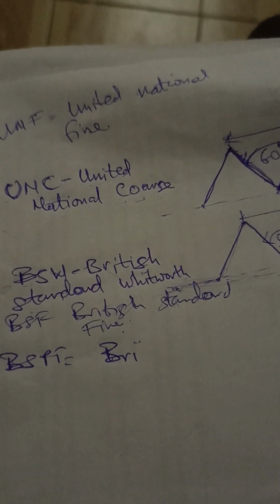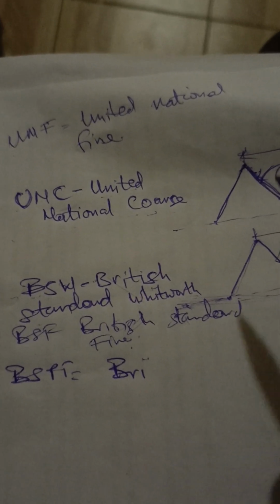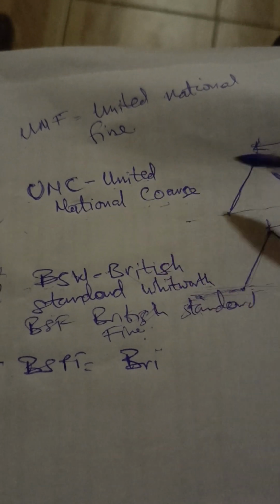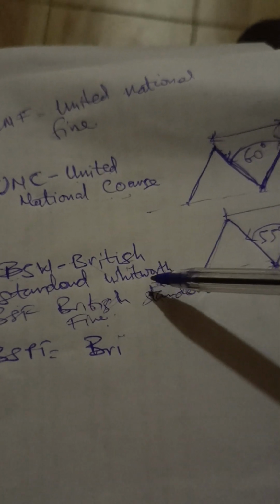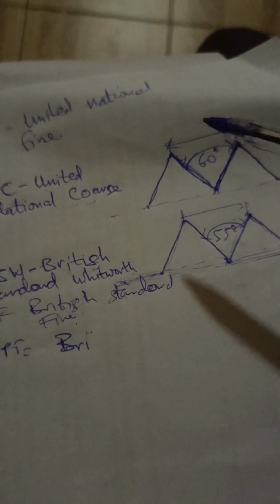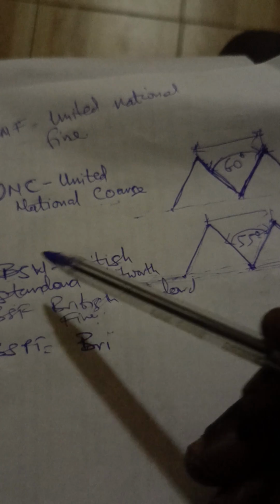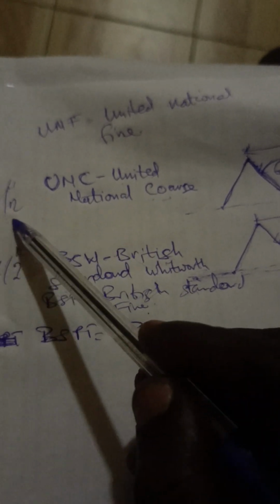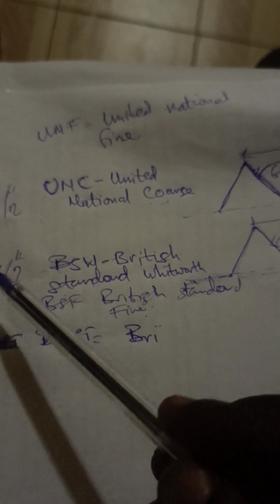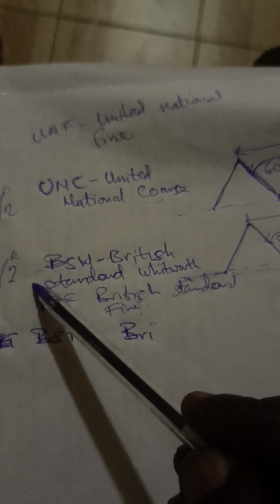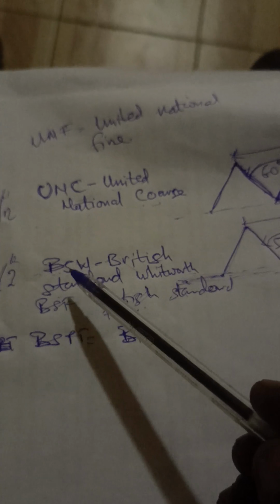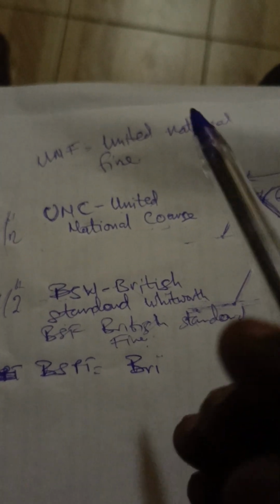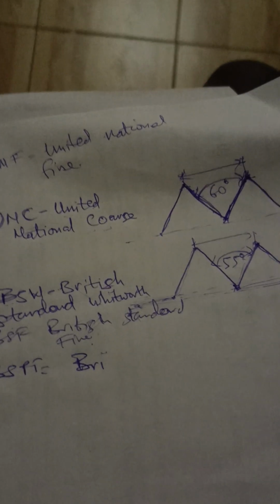I want to educate you especially on the difference between the UNC thread and the BSW. When you pick a tap or a die, for example, if it's a half-inch UNC and you pick a half-inch BSW, if you look at the page, they are all the same.